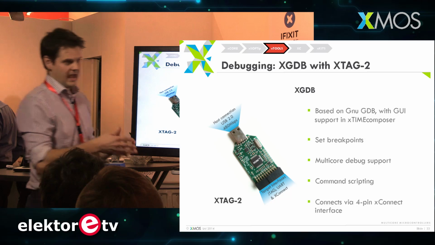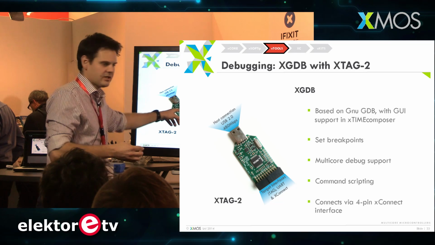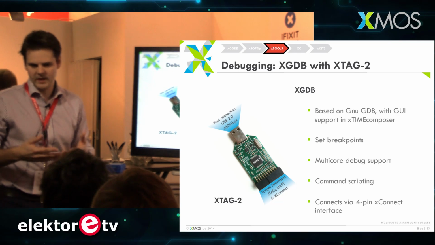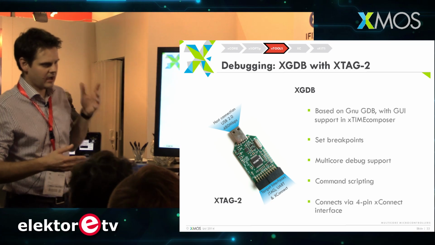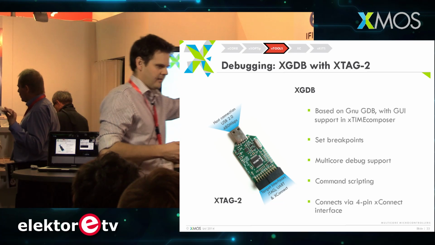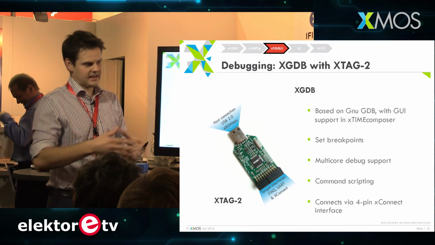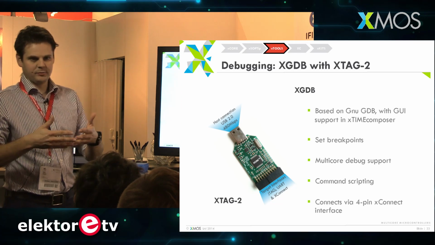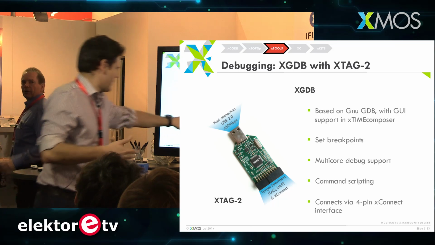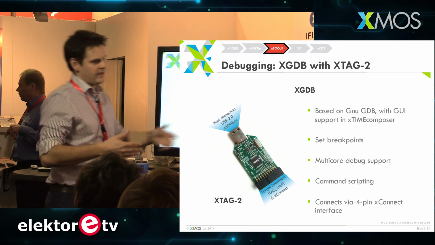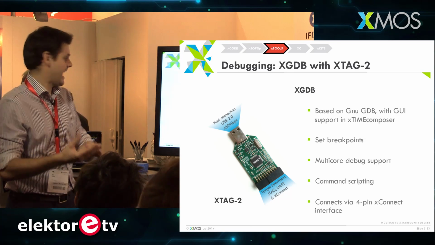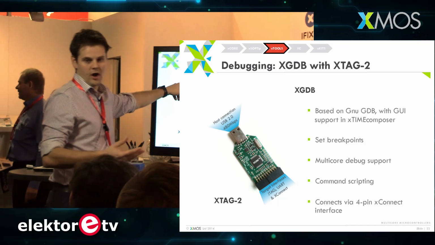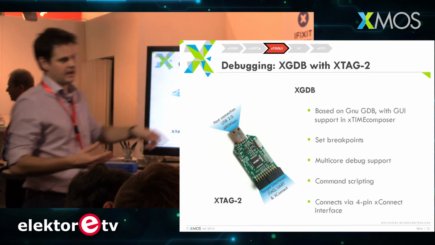But in addition to that, because it's one of our own devices, we route what we call the XConnect links, which I don't know whether you remember on the diagram, there's a block over here which is XConnect, and that allows you to connect multiple devices together. We connect these through, and this creates a high-speed link from the device under test back to your host debug environment via the USB connection.